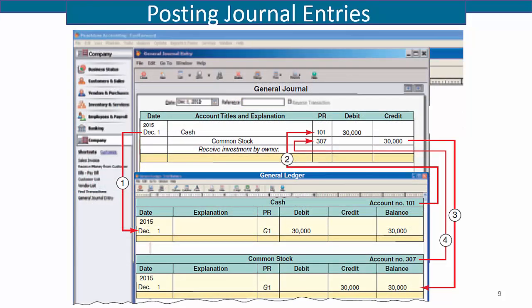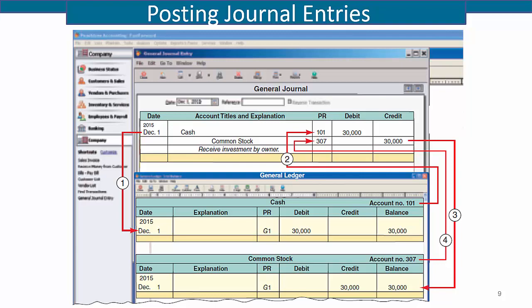Now, posting is simply the process of transferring the information from the general journal to the general ledger. As a reminder, we must post transactions to the ledger in order to prepare a trial balance and financial statements. A word of caution, though, before we get started. It is very important that you post one journal entry completely before you move on to post the next journal entry.